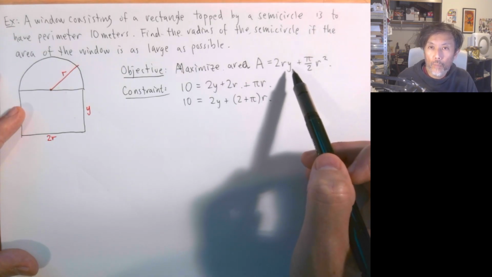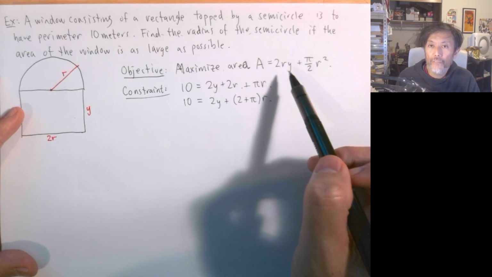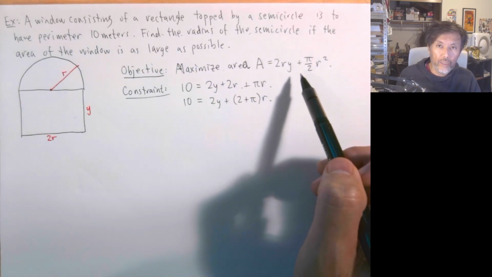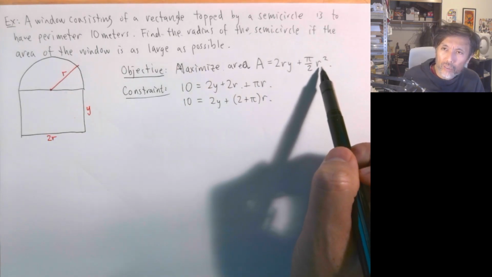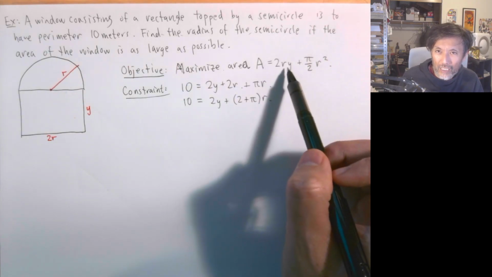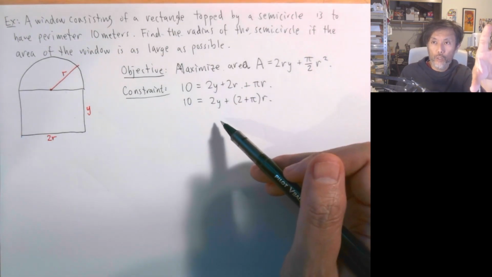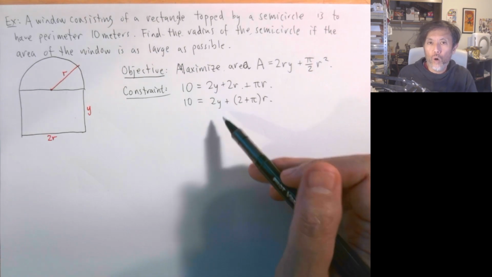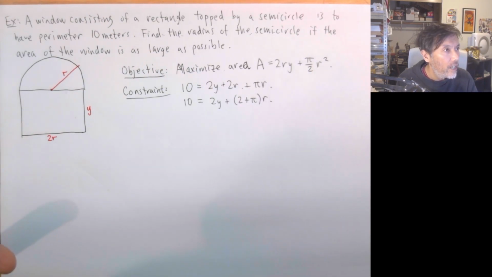Because then I can replace y with an expression in terms of r. If I had to do it the other way around and substitute r in terms of y, do you notice that it's going to get gross because I have to square the thing and put it there, and it's just, ugh, yuck. So I'm just looking into the future there, and I'm realizing, let's figure out what y is in terms of r.